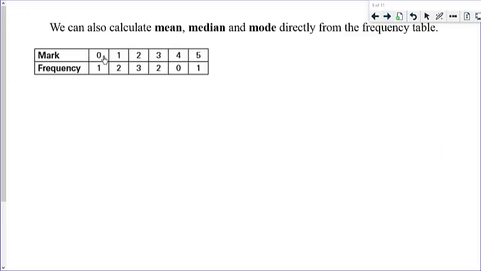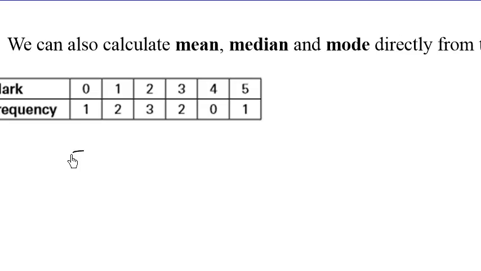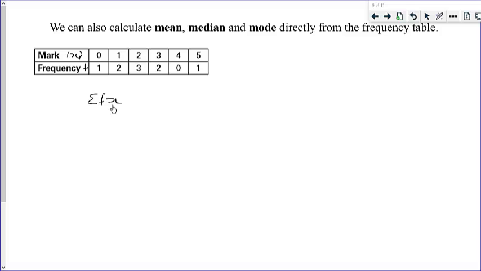Now, we can also calculate the mean, median, and mode directly from the frequency table. So to do that, we need to find our total frequency times the mark. So this is representing our x and this is representing our f. So to find the total frequency times the mark, you have to multiply this by this and add them.